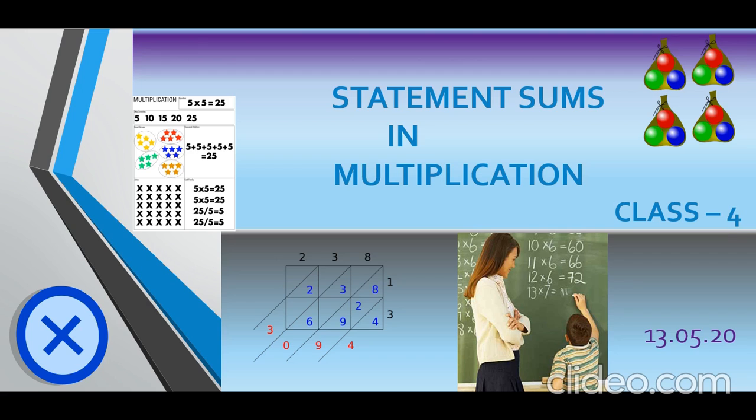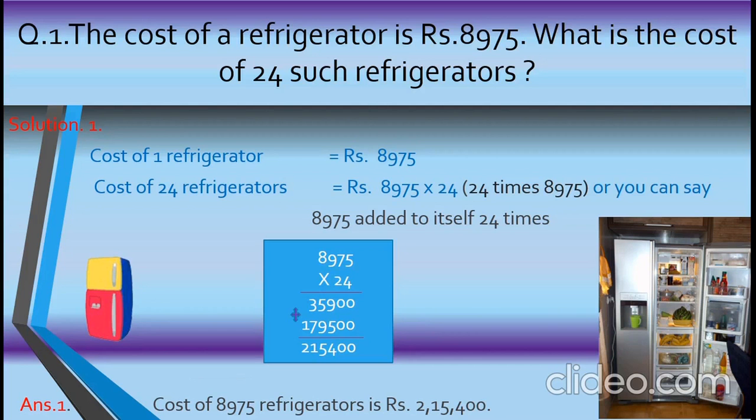Now we will see how we can solve the statement sums of multiplication. Before we start understanding these word problems in multiplication with the help of examples, I would like to say how you can understand that the given sum will be solved by applying the multiplication operation, as well as how you can write the statement correctly.